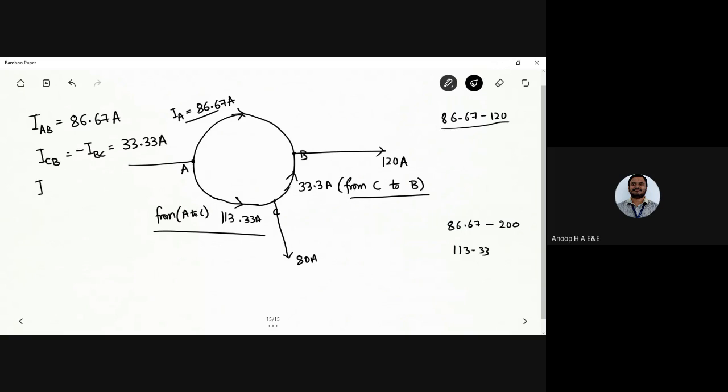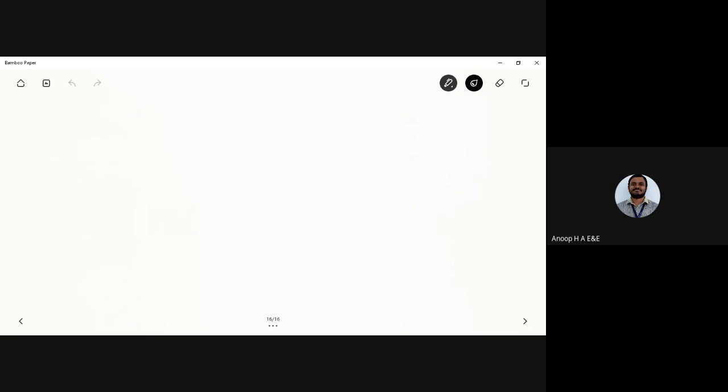Next, IAC is equal to minus ICA, which is 113.33 amperes. These are the currents flowing in the different sections of the ring distributor.